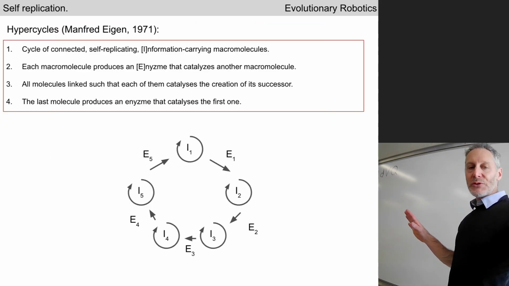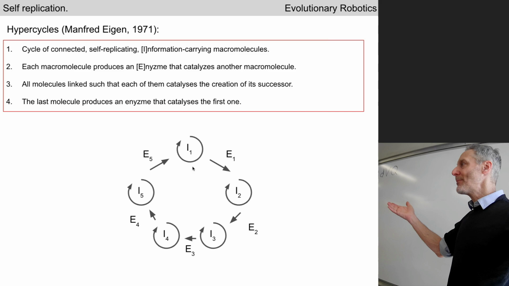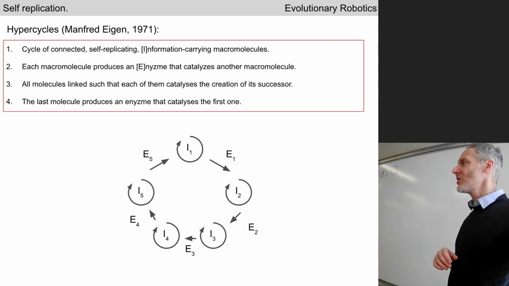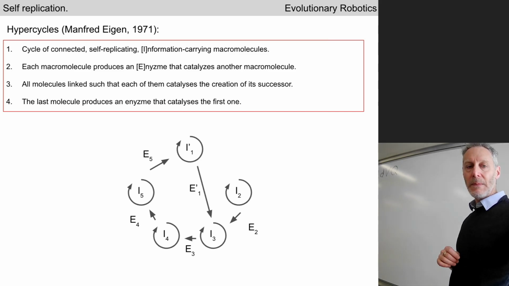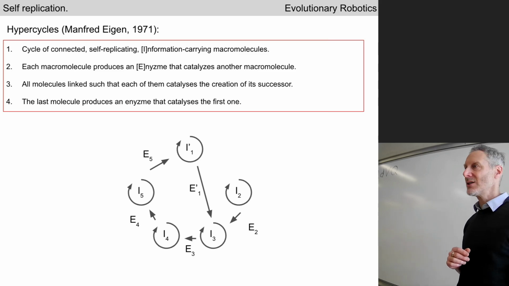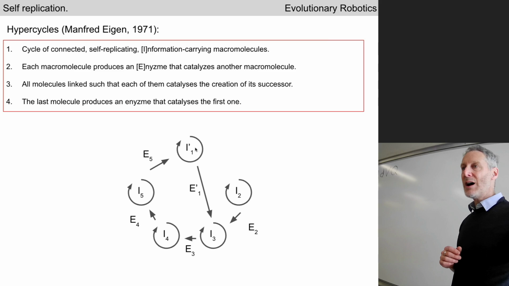If you can get this all to work, it's possible that there might be some slight changes to this chemical soup by chance. This is happening in a tidal pool, or it's happening in a small cavern underground. Some additional chemicals happen to slosh in and make a slight change to this hypercycle and actually get this hypercycle to produce more of this macromolecule faster, because now there are only 4 elements in this loop.